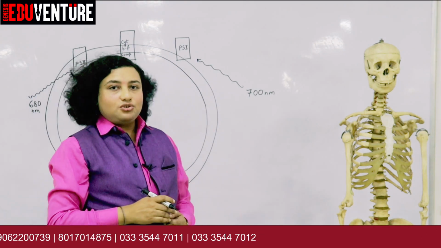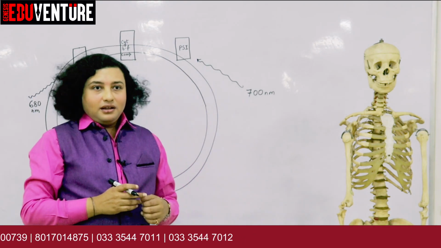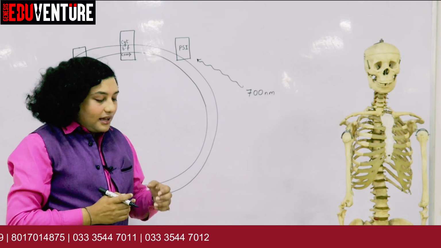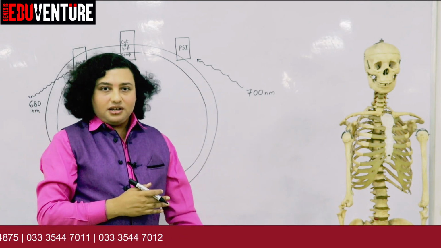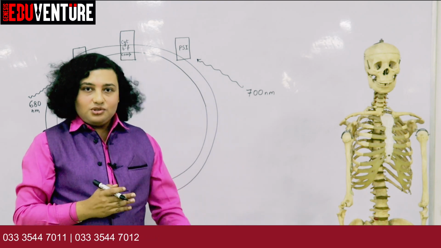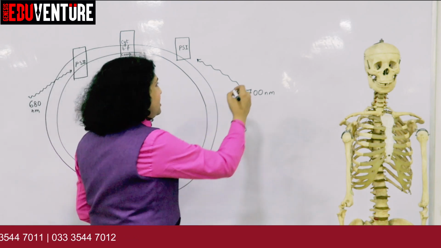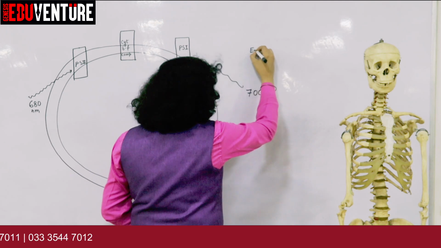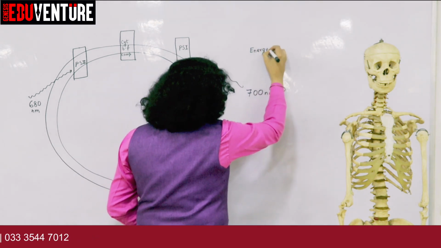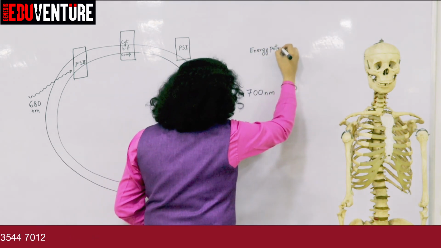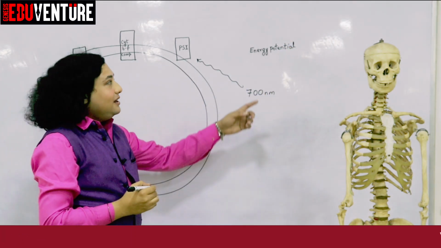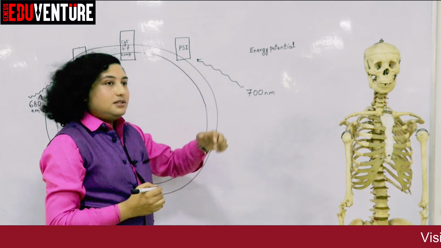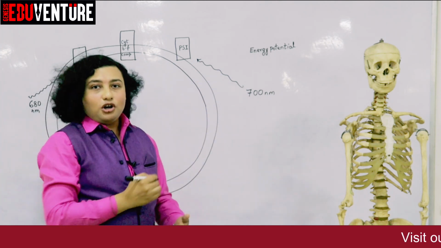Suppose we take the concept of an atom. When the atom is energized by photons or some other source of energy, the energy potential of the atom will increase, and this energy potential is inversely proportional to the redox potential.